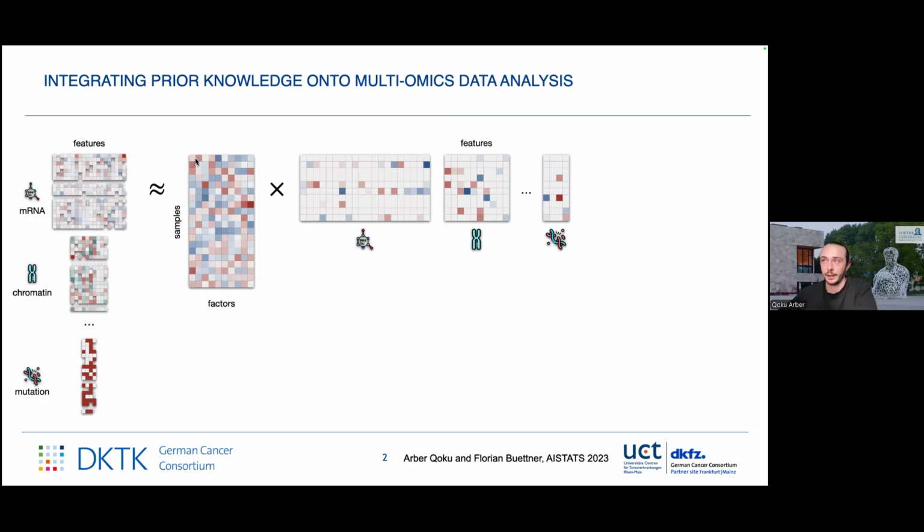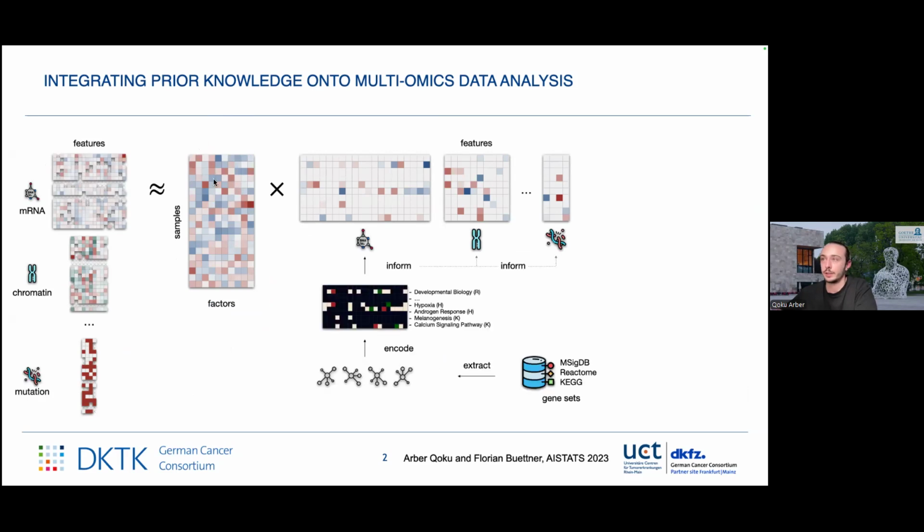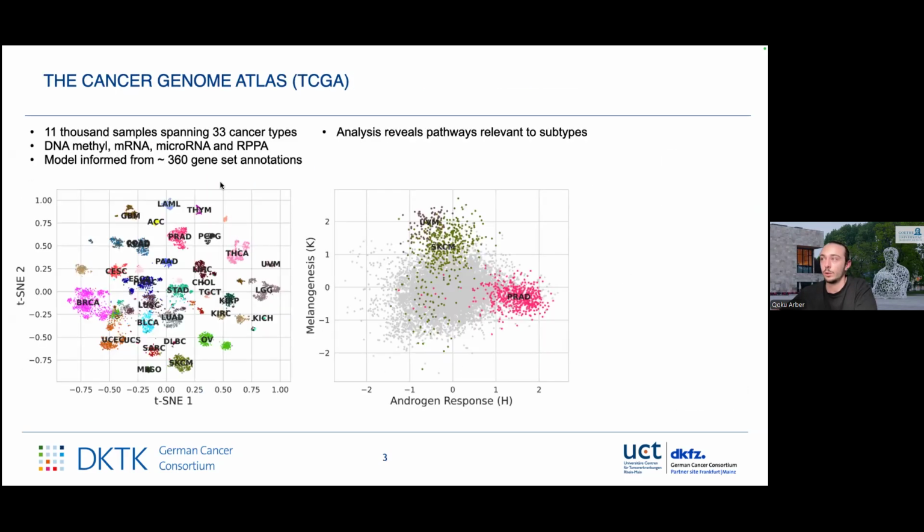Here we have, again, the patient, but the patient is now described as a vector of different pathway scores. So let's say here we have melanogenesis, here we have androgen response, and so on. What we do is take all the patients from the different cancer subtypes and see where they end up in this particular scatter plot. So androgen response is the pathway, and these are the factor scores for androgen response.